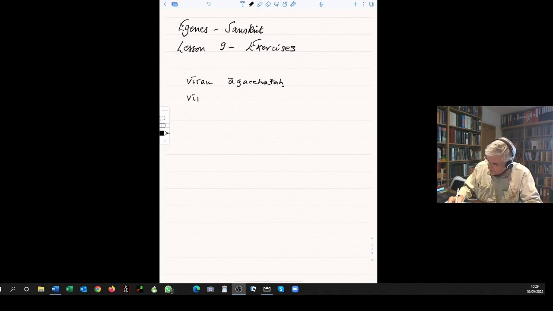Now that has to become, the au a becomes av, virav a gachata. This v now is written as a separate consonant. Remember now that in the Devanagari script the words have to be run together, and that is why you're going to see Virav.